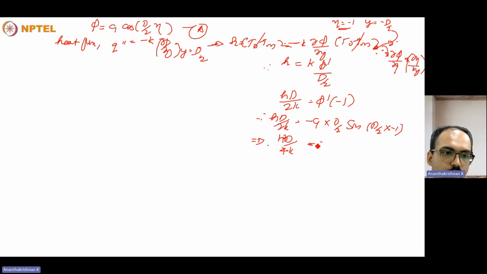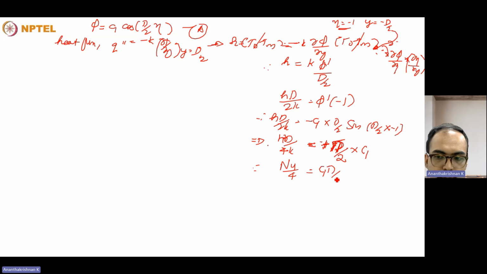So minus of C1 into sine pi by 2 will be plus. I beg your pardon, it is pi by 2 into C1. So that is plus H into 2D divided by K, which is Nusselt number, divided by 4, is equal to C1 into pi by 2.